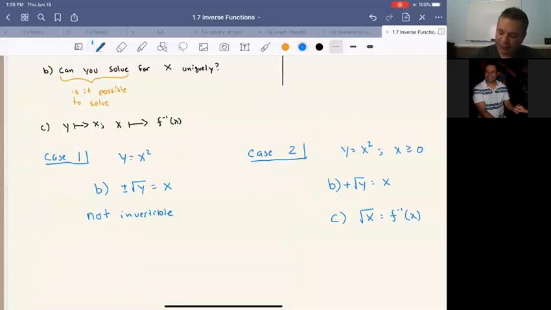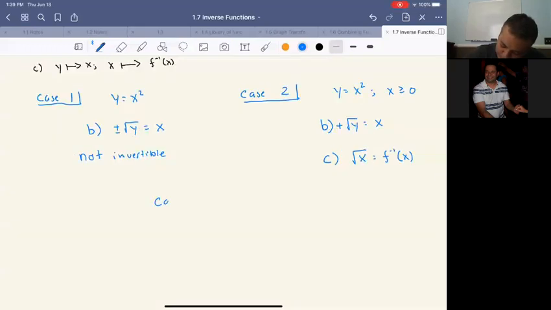Let's look at case 3. Case 3 was y equals x squared with x being less than or equal to 0. Now when I go and take the square root, remember x has to be less than or equal to 0.